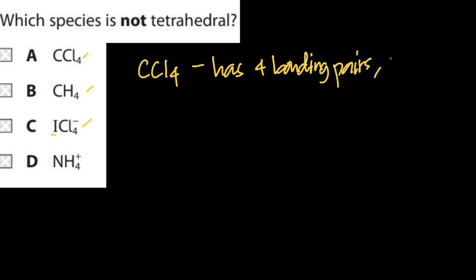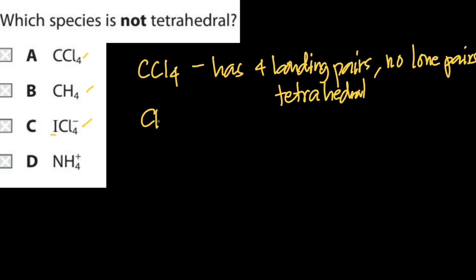We have here CCl4, carbon tetrachloride. It has four bonding pairs, but no lone pairs. So the shape of this is tetrahedral.